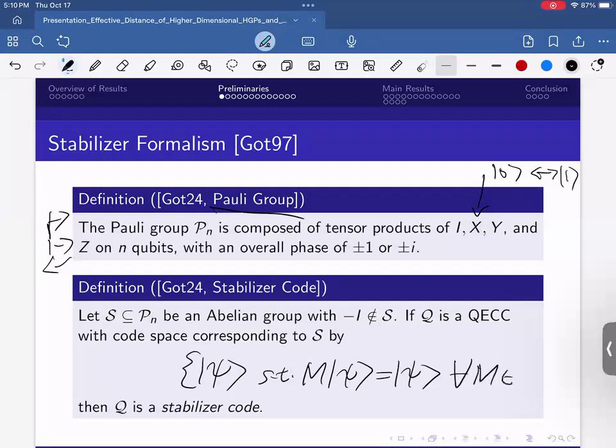That means it leaves it invariant. Then we say that this is a stabilizer code. Is there any question at this point? This should be more familiar to those with previous exposure, but I'm happy to explain a bit more about this if needed.